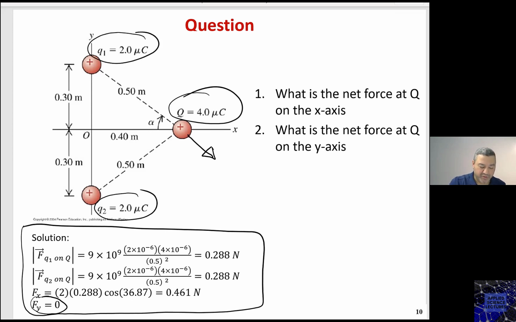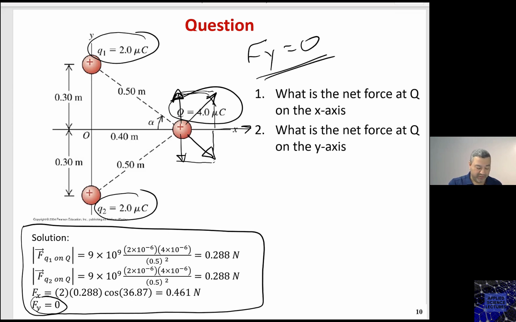So due to symmetry, those two forces are going to be equal in magnitude. If I project this on the X component, it is going to add. If I project this on the Y, the Y components are also going to be equal, but in the opposite direction. So they will cancel. That's why Fy in this problem is 0.